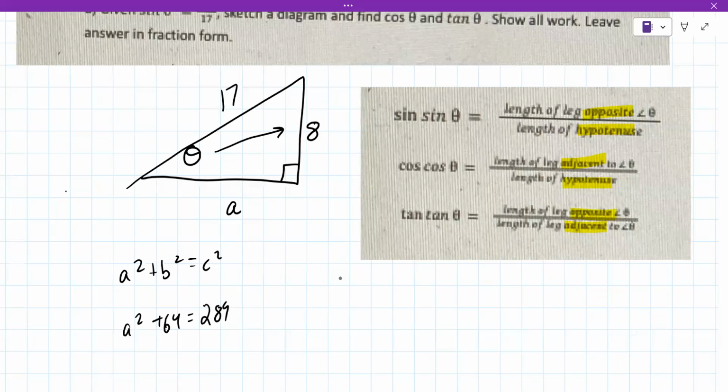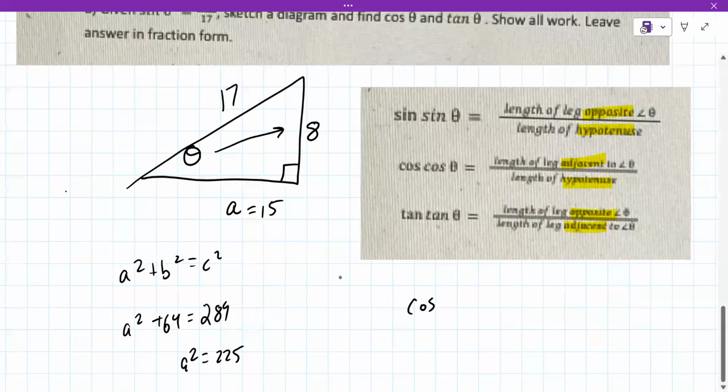So then I would subtract that, and that would give me 225. Try again. That worked out nicely. Practicing for the final. What is a? A would be 15.